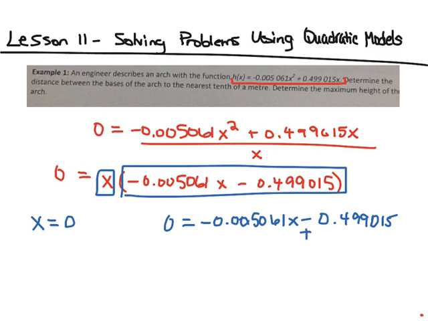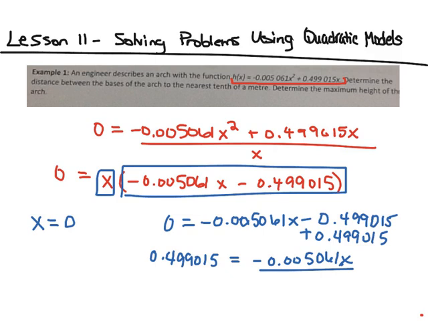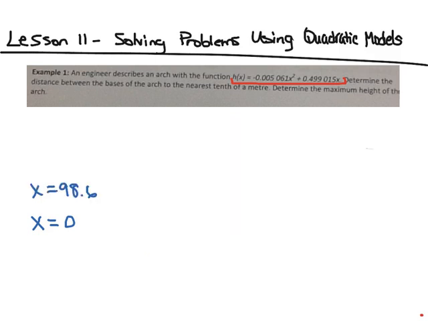So we have to solve for this, so we're going to add 0.499015 to both sides, and then we're going to divide by negative 0.005061 from both sides. So we get 98.6 is equal to x. So let me just erase a couple things. So either x equals 98.6 or it equals 0.